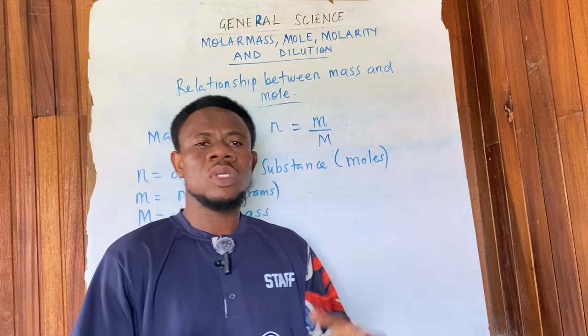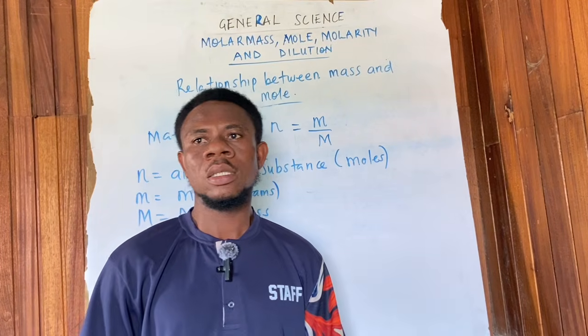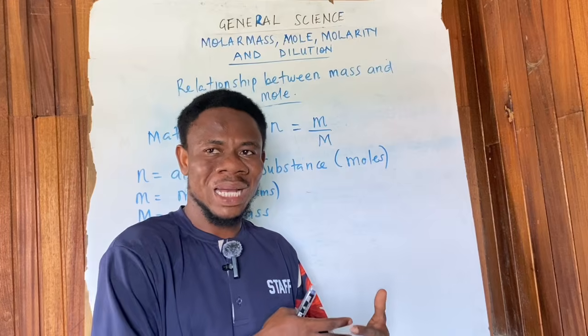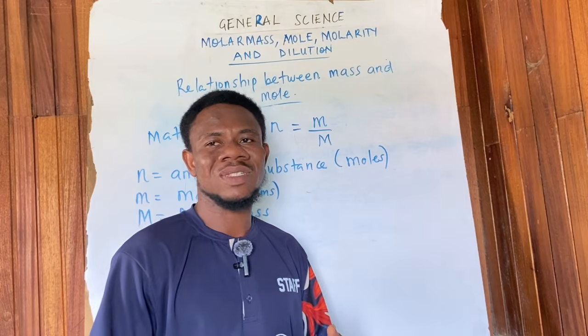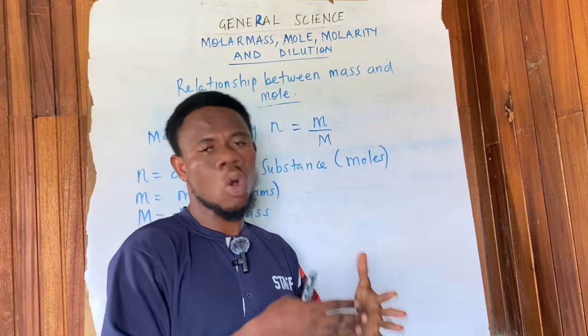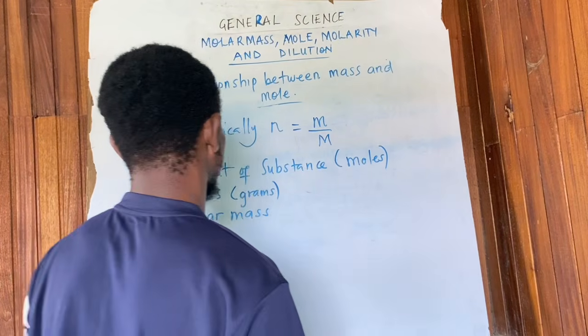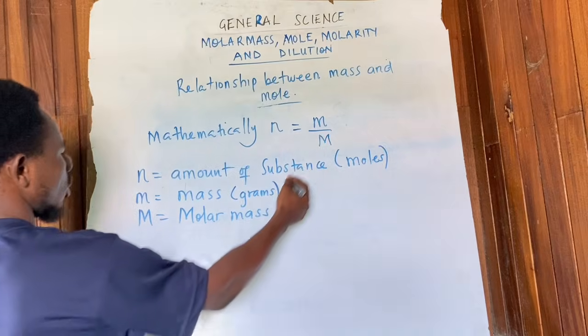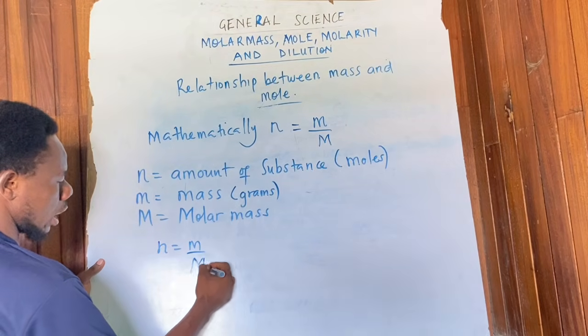Now, we will have to calculate the molar mass of calcium chloride. Then we are given our mass. So we use this formula to calculate our amount of substance in that particular compound using the mass and the molar mass. So n is equal to small m over big M.